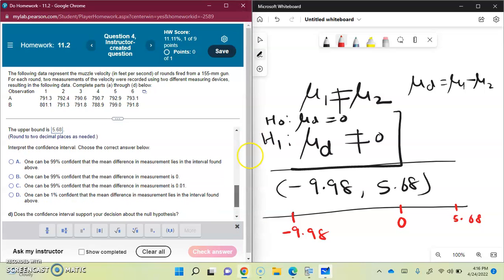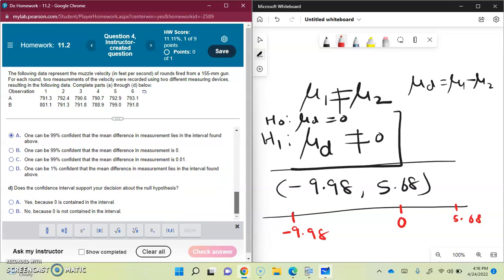So what does that mean? We are saying we are 99% confident that the mean difference in the measurement lies in the interval found above. That's not the same as saying one can be 99% confident the measurement difference is 0. We are just saying that this difference is lying between those two values. Now since 0 is contained in there, that means we are not rejecting the null hypothesis.